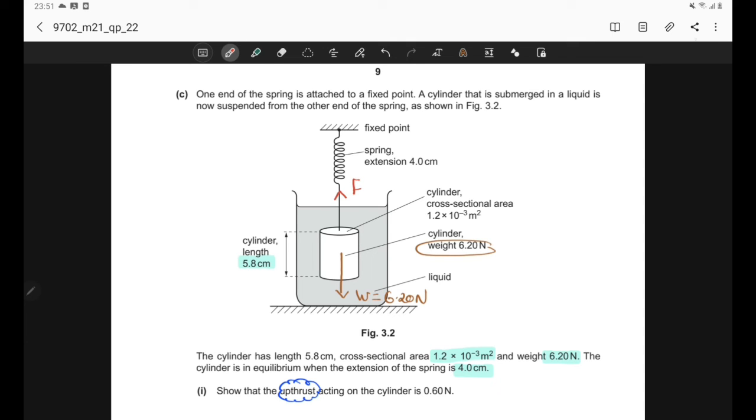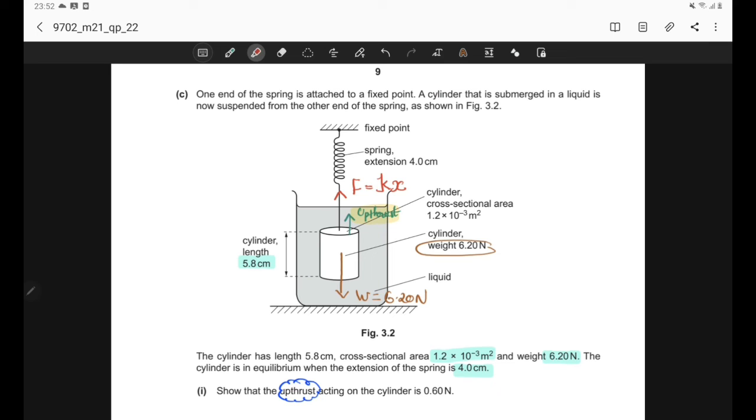And according to Hooke's law, we have the equation for this force acting on the spring, that is equal to spring constant times extension of the spring. Then the third force is the upthrust acting on the cylinder, and which will also direct upwards. And in this question, we need to show that this upthrust force is 0.60 Newton.